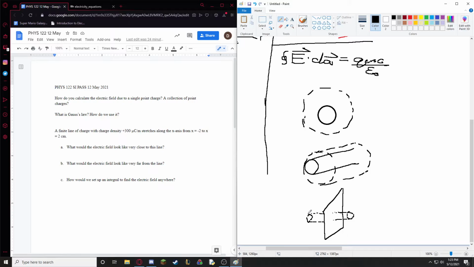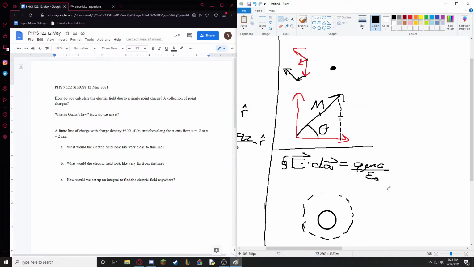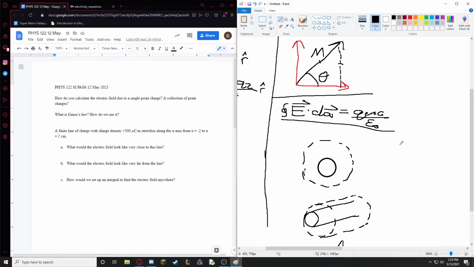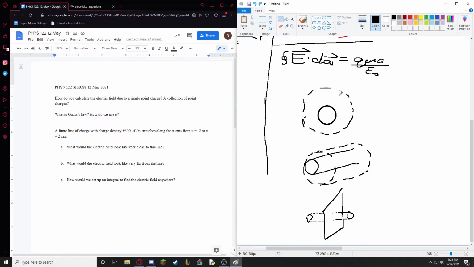So those are our three symmetrical cases where we are able to use Gauss's law. Gauss's law is this: E dot dA is equal to Q enclosed over epsilon naught. So we know what Gauss's law is. We know what our Gaussian surfaces are, where dA is like the area vector coming out.